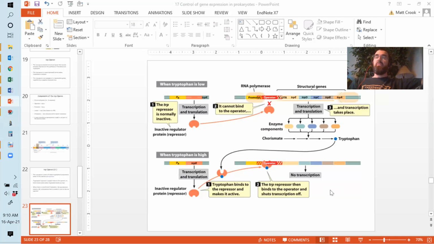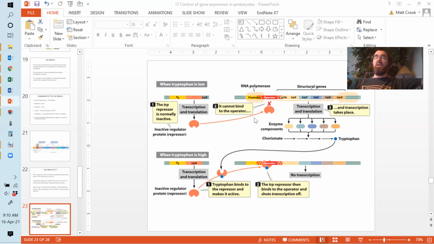Correct. Generally, when tryptophan levels are high, the trp operon is off. So this mechanism here is the binary switch, right? Remember we talked about the lac operon, it's either on or off.